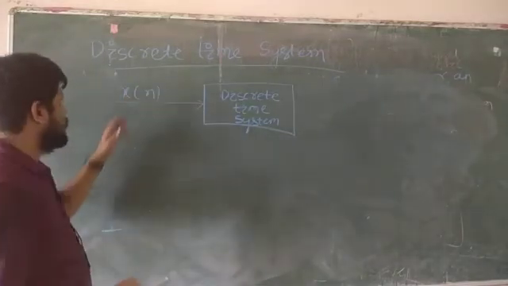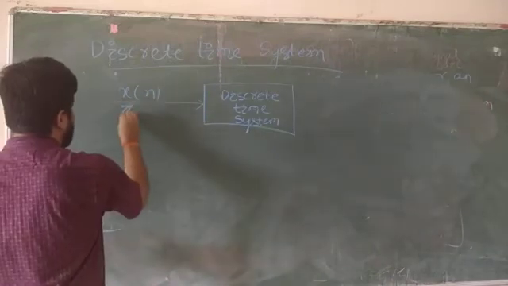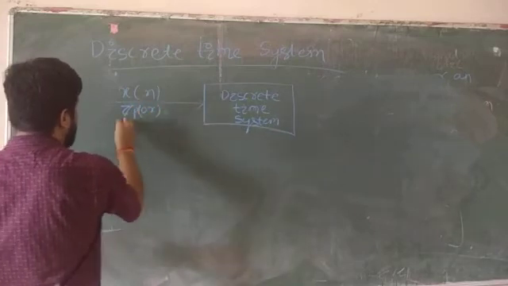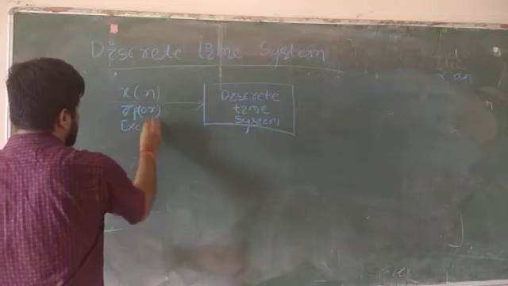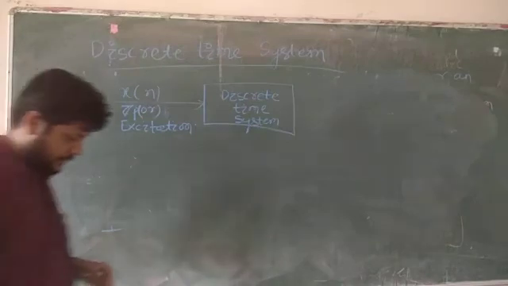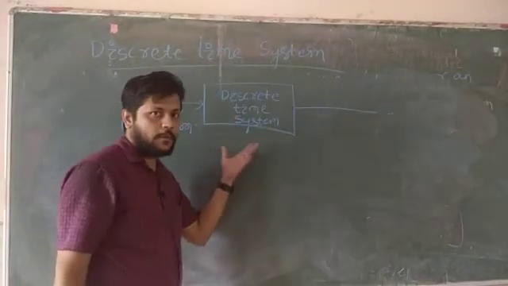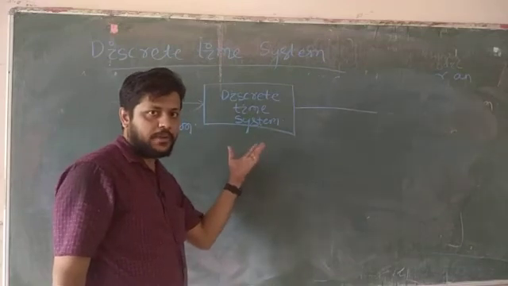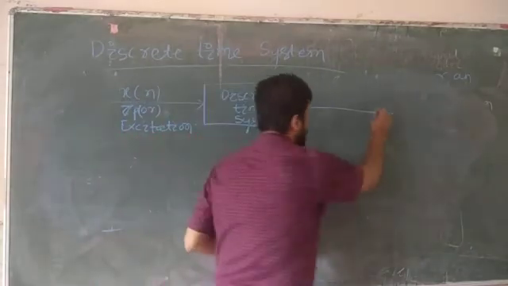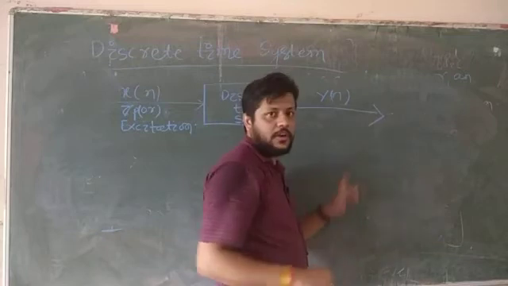In general we denote the input as x(n), and this is also known as excitation. Then this system performs certain operations using some predefined rule on the signal x(n), and it produces the output that is denoted as y(n).